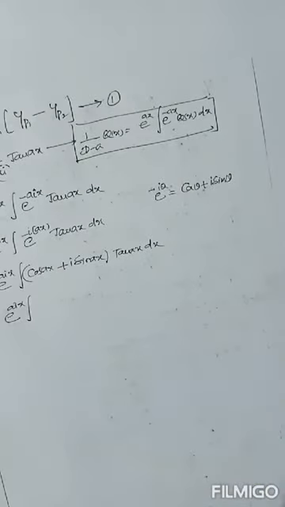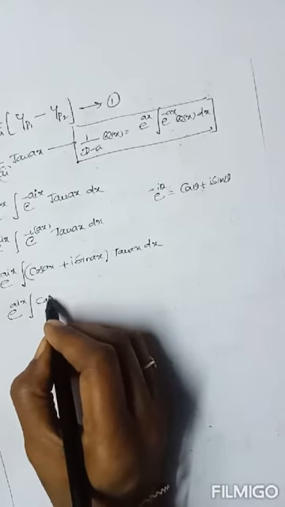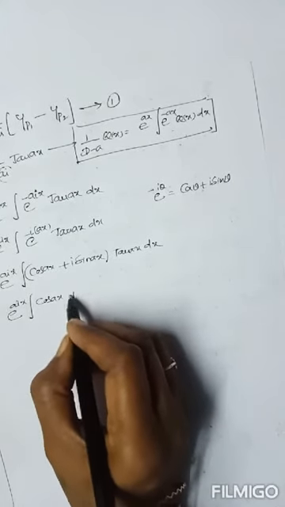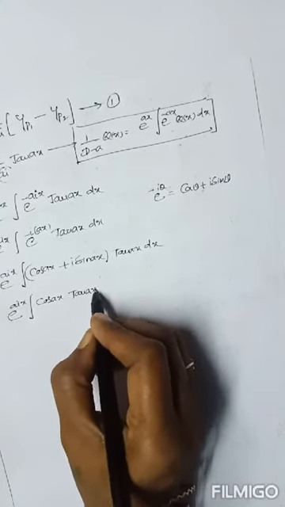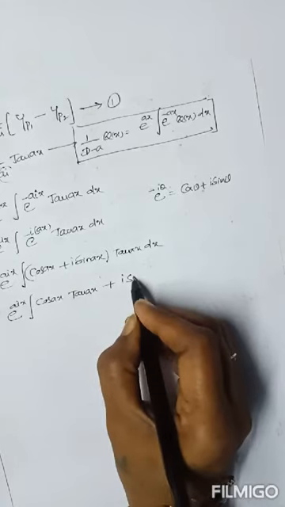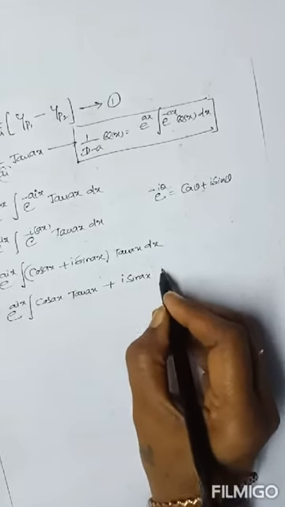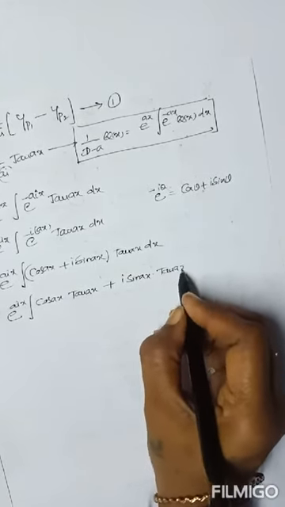Enter tan ax into the bracket: cos ax tan ax plus i sin ax tan ax.